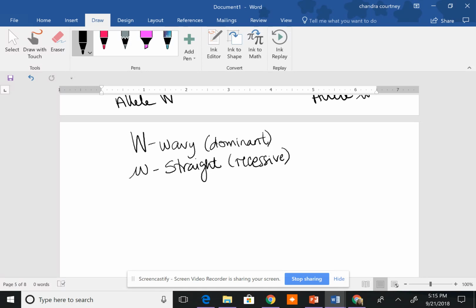Now, in terms of your genotype, so in terms of these letters, there are three different genotypes. So you can be homozygous dominant, and you would be big W, big W. These are our genotypes.